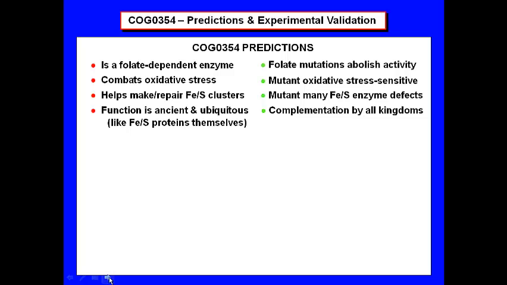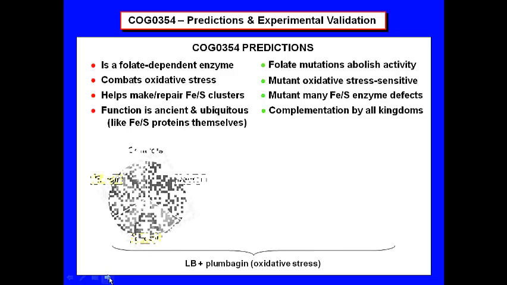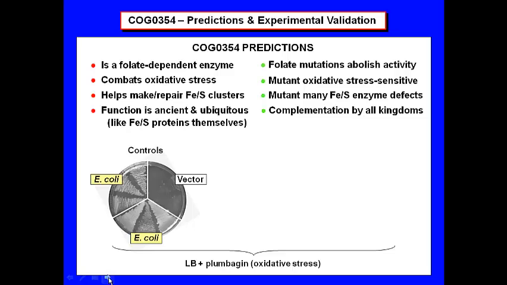So here's the data. We're growing E. coli here. We're actually growing the mutant where we've knocked out this COG0354 gene, and we're growing it on an oxidative stress medium. So when we grow the mutant and only put a vector in it, nothing happens. It doesn't grow. When you replace the knocked out gene with the E. coli gene on a plasmid, these 2 controls, everything grows normally.